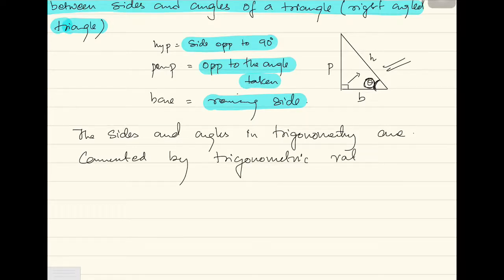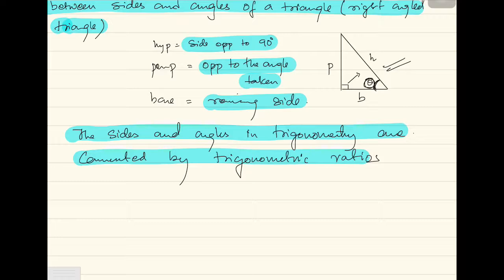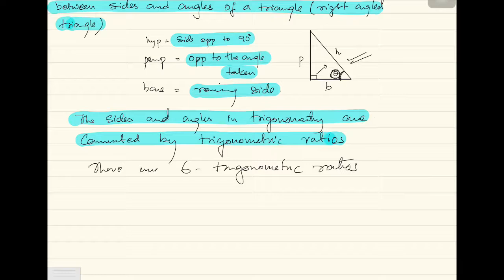Please copy all of this. So I'm saying that the sides and the angles in trigonometry are connected by something called trigonometric ratios. There are six trigonometric ratios. How many trigonometric ratios are there, everyone? 6. So the trigonometric ratios connect angles with sides, and there are 6 such trigonometric ratios.